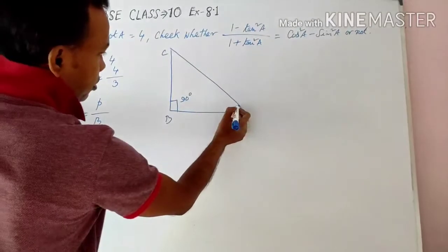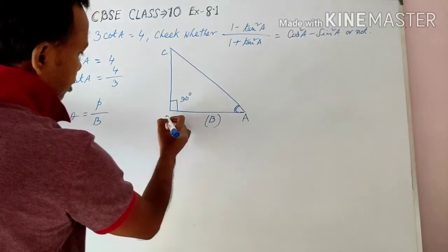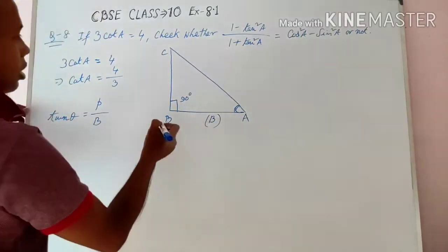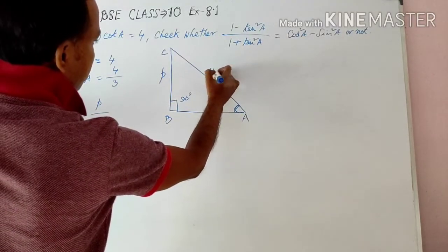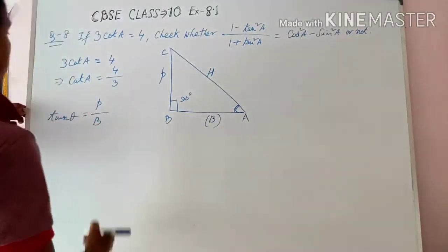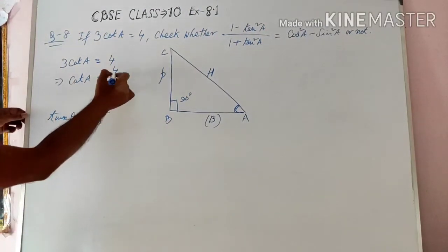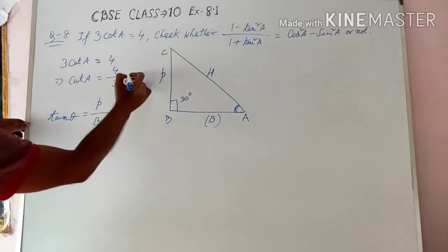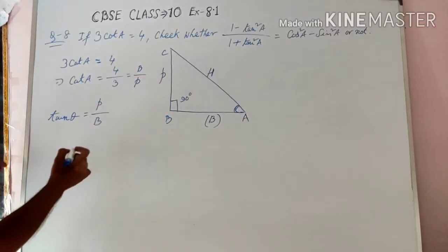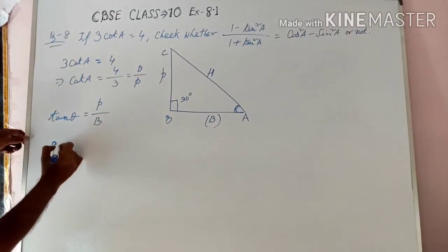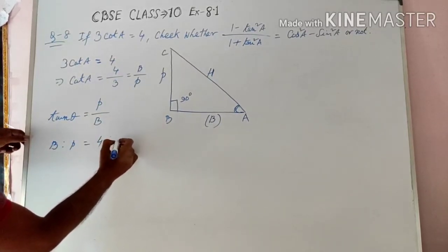Here, if this is your angle A, then AB is the base, BC is the perpendicular and AC is the hypotenuse. So cot A is equal to 4 by 3. That means cot A is equal to base by perpendicular, that is, the ratio of base to perpendicular is 4 is to 3.